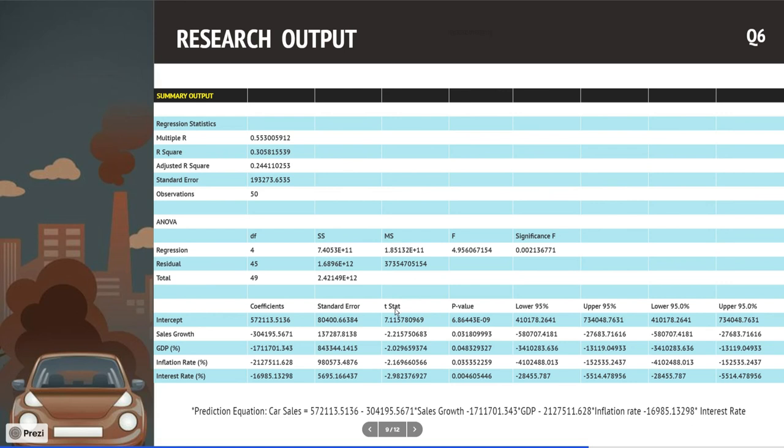And also we have the T statistic and the P value. These are also important to identify the relationship of each variable. So here all independent variables are significant at the 99% significance level. So our prediction equation should be followed this way.